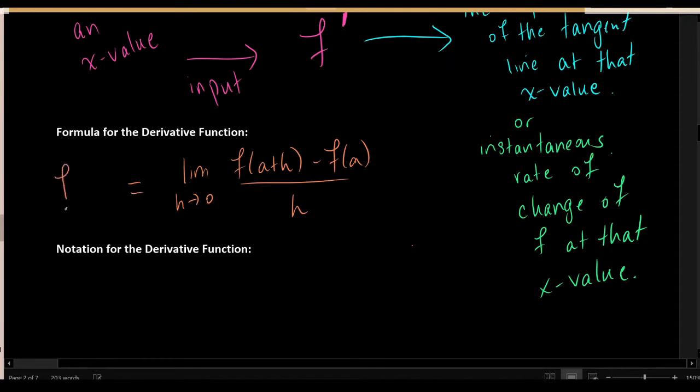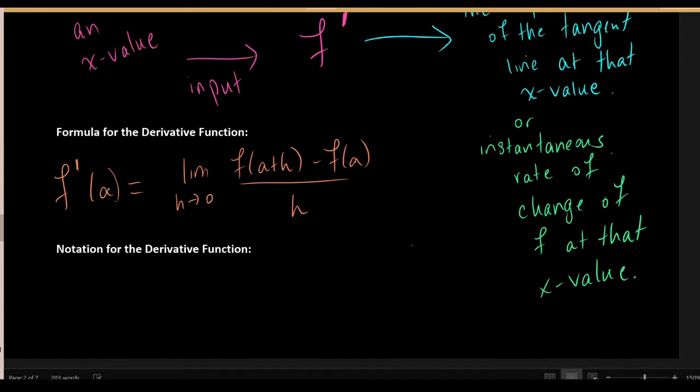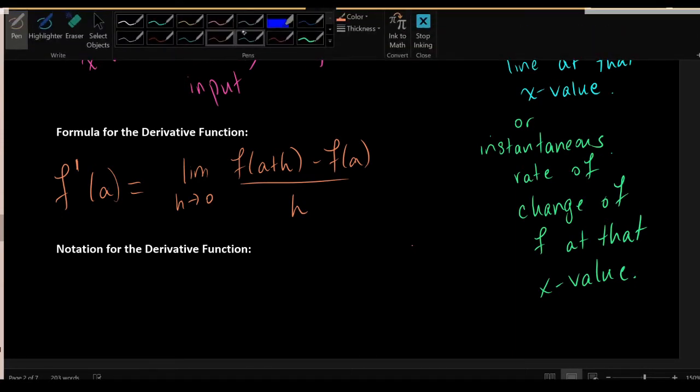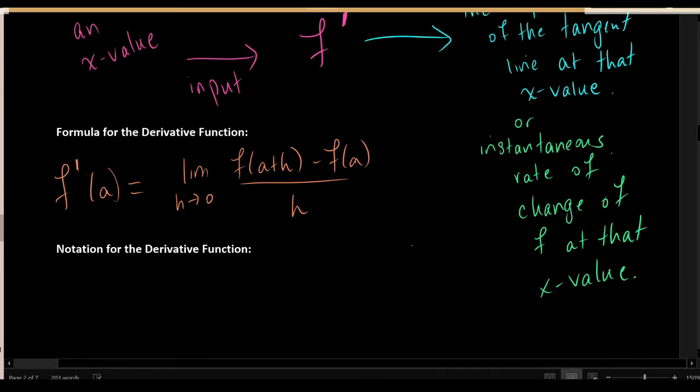That gave us the derivative at a specific x value, the specific x value x equals a. And what I want to do is remove that specificity and change this formula so that it applies not just to one specific value of a, but to any x value you might be interested in.